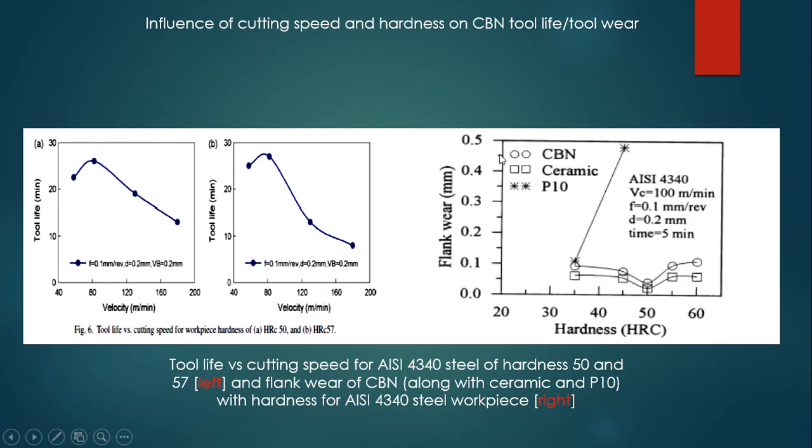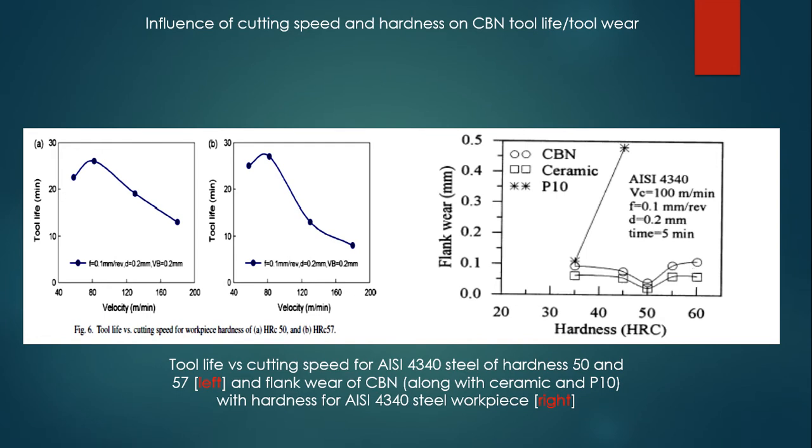This wear plot shows the wear curve with the hardness for the CBN cutting tool beside the ceramic tool and P10 tool on the workpiece, which is AISI 4340, at a cutting speed of 100 meters per minute, a feed rate of 0.1 millimeter per revolution, and a depth of cut of 0.2 millimeter.